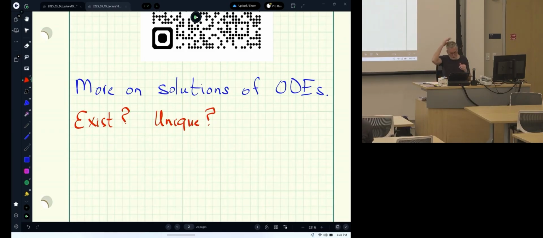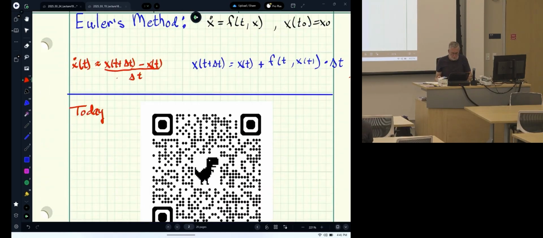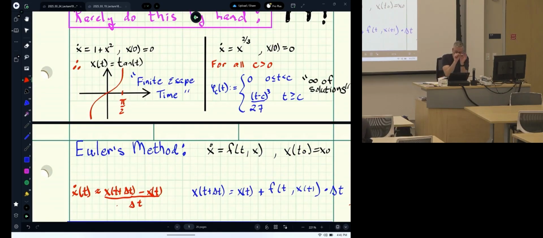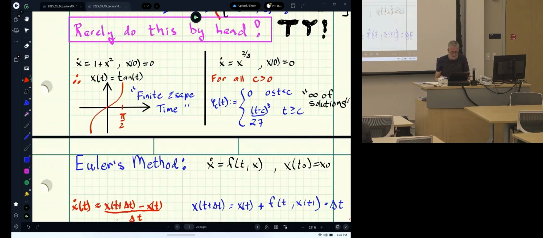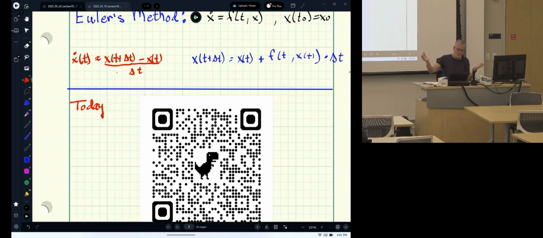And in terms of existence, solutions can exist for a small period of time, like between 0 and anything short of pi over 2, or they can exist for an infinite amount of time, like the pendulum. It'll just oscillate forever.